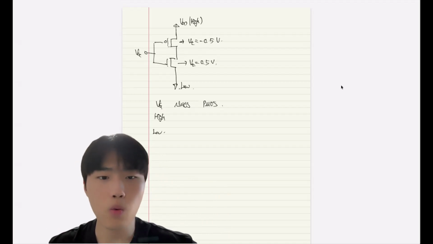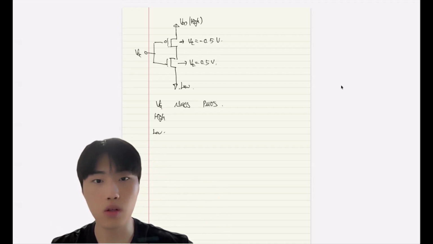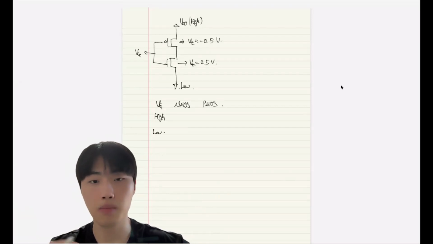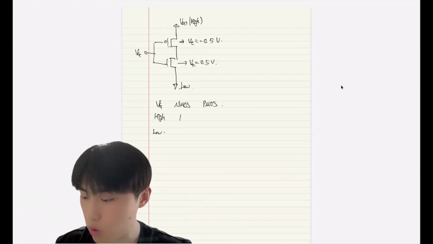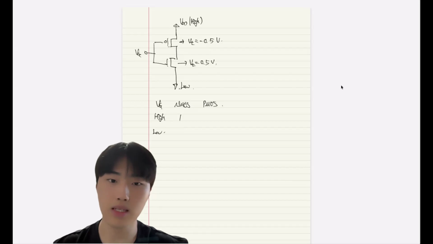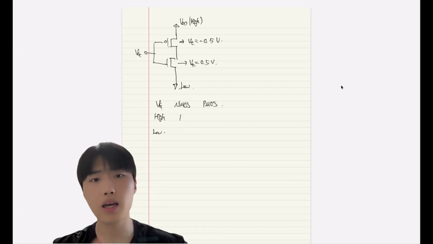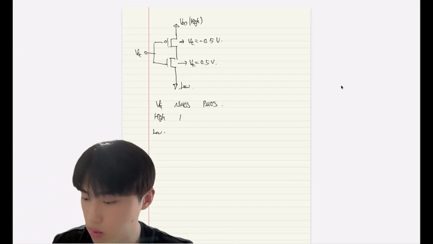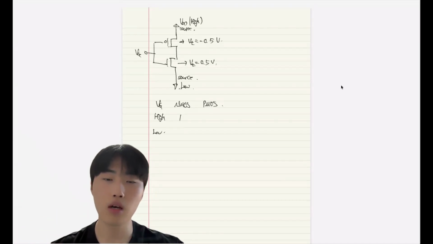So when we have VG on the high, the NMOS VGS will be 1 volt. So it is bigger than the threshold voltage. So the NMOS will be 1, which means that it is turned on. For the PMOS, the source side will be here, the top part, because it has to be a symmetric structure.